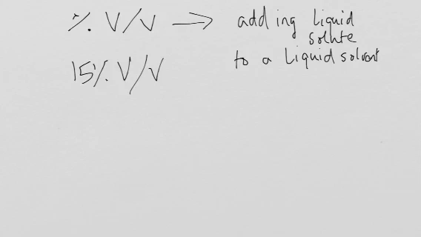So in this case, the percent V over V, or volume over volume, means that your solute will be a liquid. And whatever percentage you're given, it will be in milliliters.